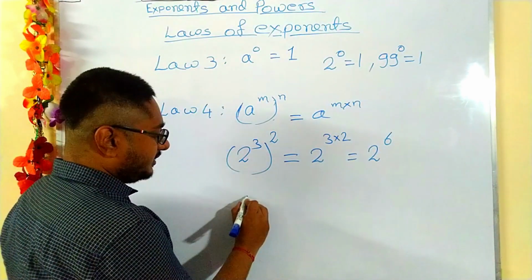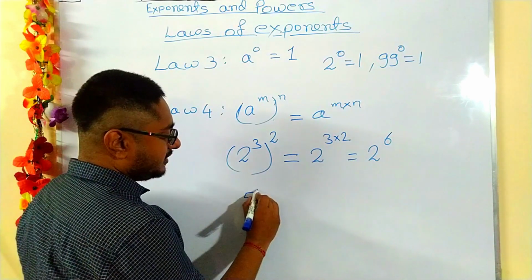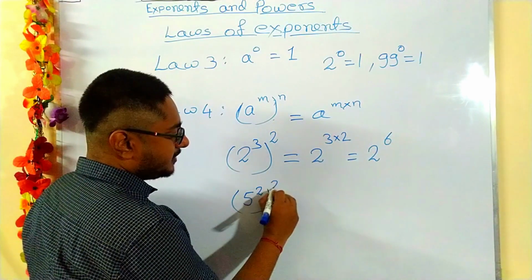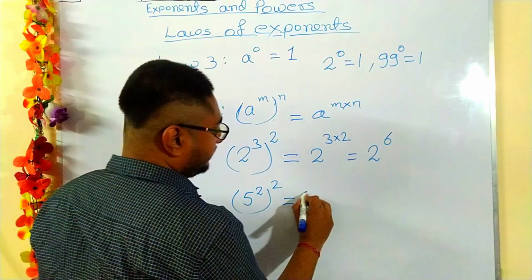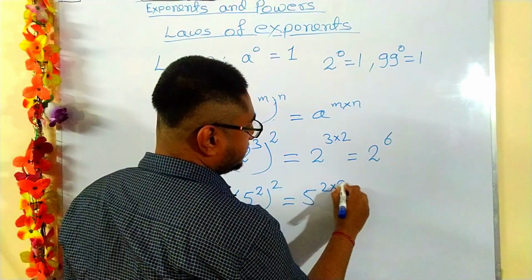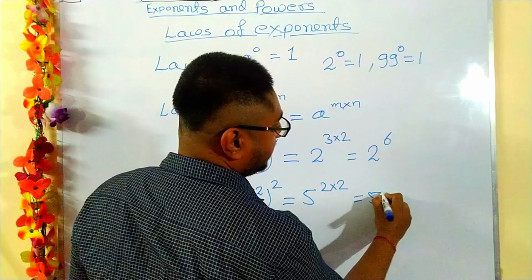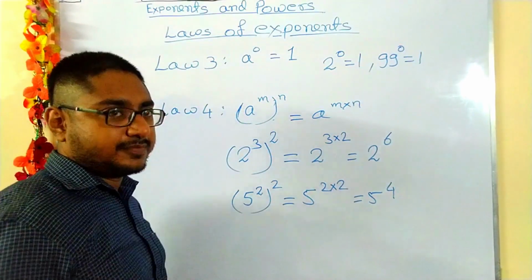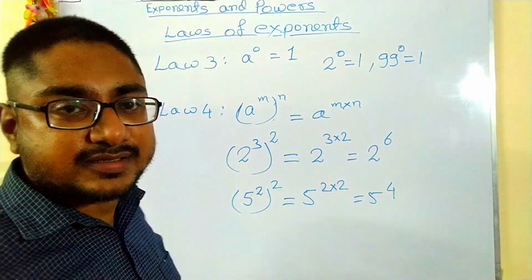One more example, 5 to the power 2 whole to the power 2, or 5 to the power 2 into 2, or 5 to the power 4. Hope the third and fourth laws are also clear to you.